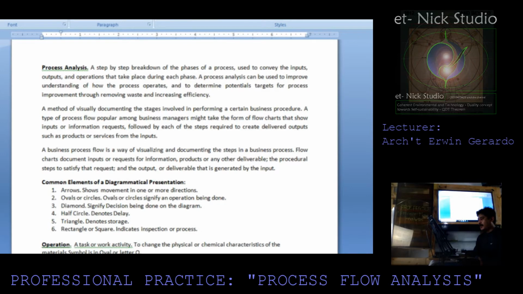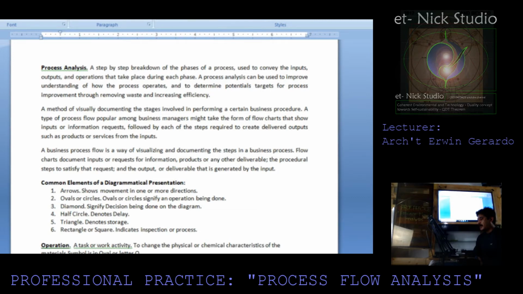Business process flow is a way of visualizing and documenting the steps in a business process. Flowcharts document inputs or requests for information, products, or any other deliverables, the procedural steps to satisfy that requirement, and the output or deliverable that is generated by the input.